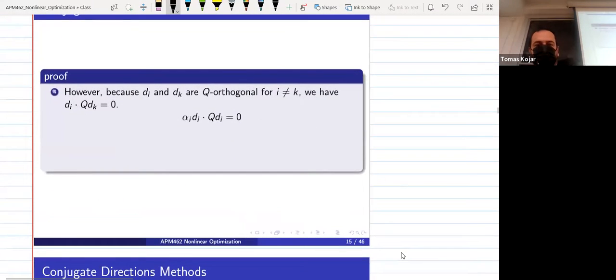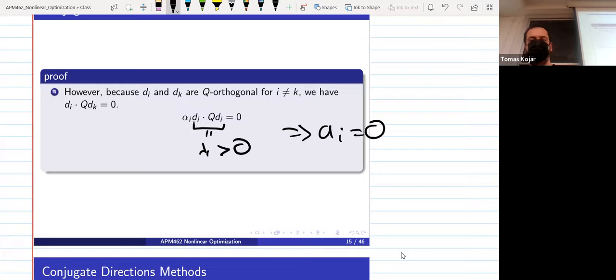And so I end up with this, but like I just said, the first factor over here is lambda_i, which is strictly positive. So what do you get? You get a_i equal to 0 for all i from 1 to n. So you have independence. Good.